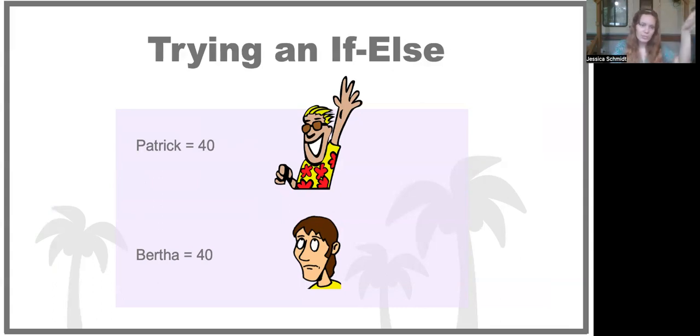So just write beneath all of that, Patrick equals 40 and Bertha equals 40, making them the exact same age. And while you're doing this, I want you to think, what are you expecting to happen when you run your if-else statement? What do you think? How do you think R will interpret this if neither of them is older than the other? So please try running your if-else statement again. Just copy it and put it underneath and try running it again with the new ages.